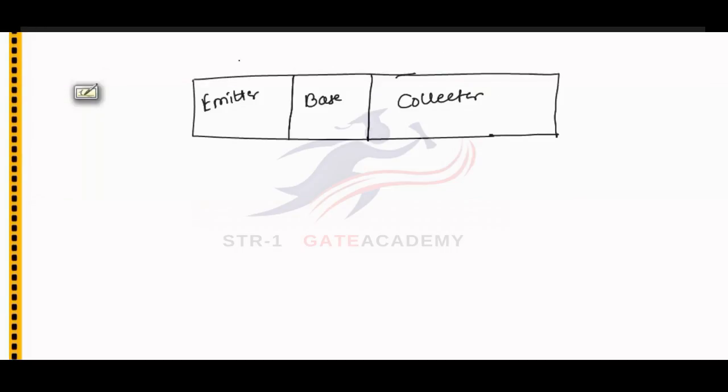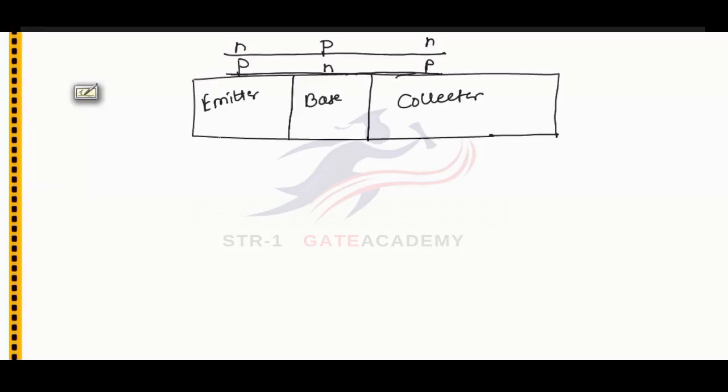In a bipolar junction transistor, emitter and collector can be P region or they can be N region. If emitter and collector are P region, then base will be N region, and if emitter and collector are N region, then base will be P region. So a bipolar transistor will be either a PNP or NPN transistor.